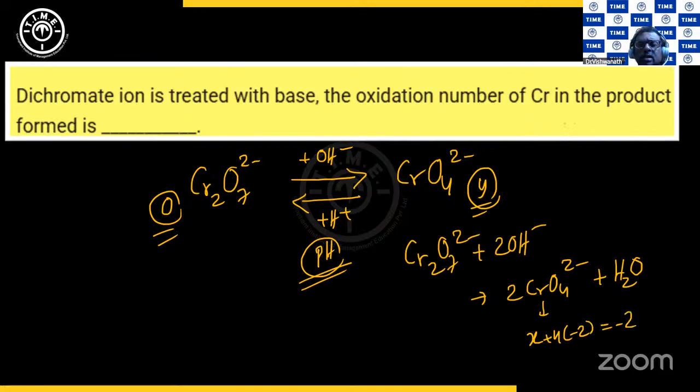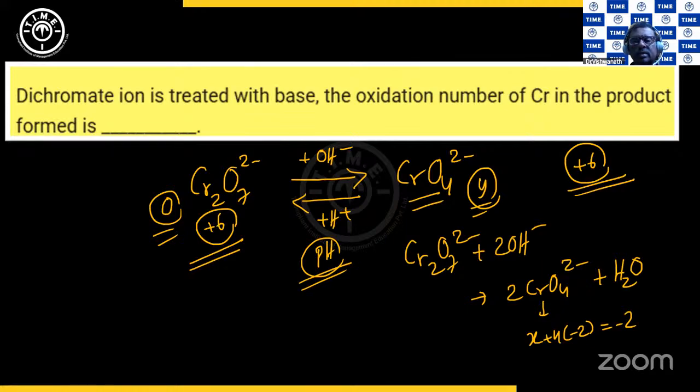So this is +6. It was also +6 here. So when dichromate changes into chromate, there is no change in oxidation number. It's not a redox reaction. Clear? So the answer is +6.